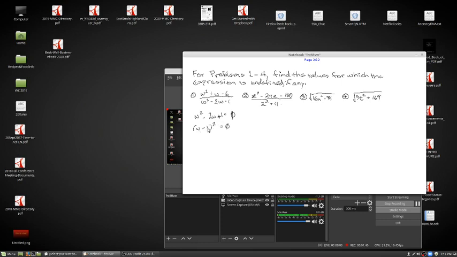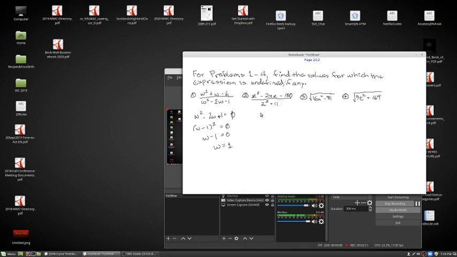That's only going to be equal to 0 if w minus 1 is equal to 0, which means that this expression is undefined when w is equal to 1. You don't even have to worry about factoring the expression on top.